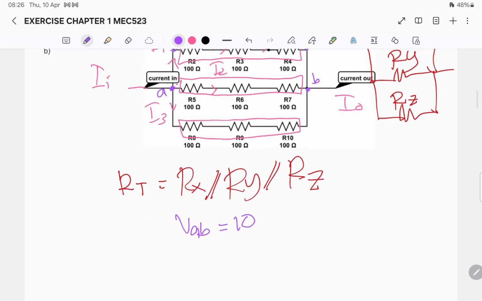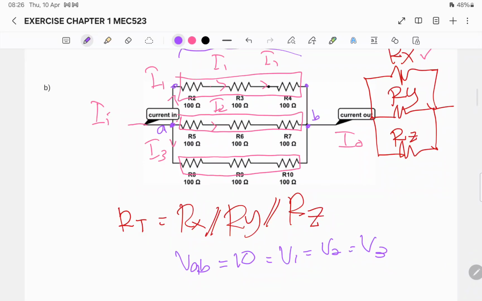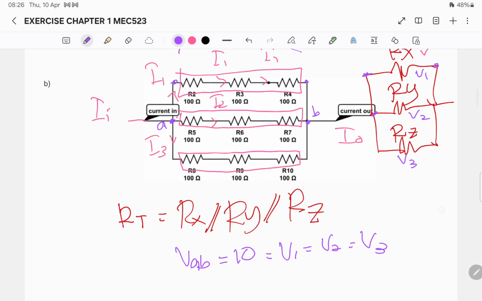The middle one as V2, and the bottom one as V3 or Vx. V1 equals to V2 equals to V3. So they must be the same. Because why is this the same value? Parallel. Okay, parallel. Alright.